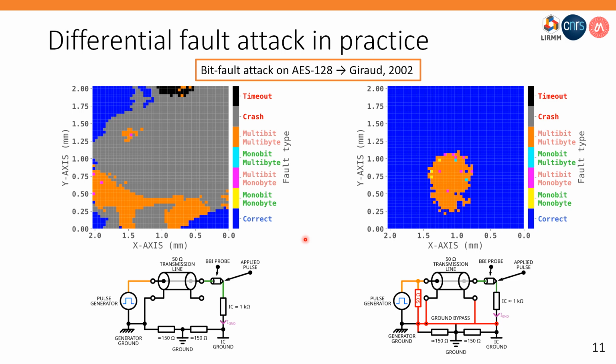In that case, there are 7 fault types, ranging from correct behavior, which is in blue, monobit faults in yellow and cyan, which are useful for the attack, multi-bit faults in magenta and orange, which are completely unusable for this specific attack, and more extreme behaviors such as recoverable crash in gray and unrecoverable crash, alias timeout, in black.